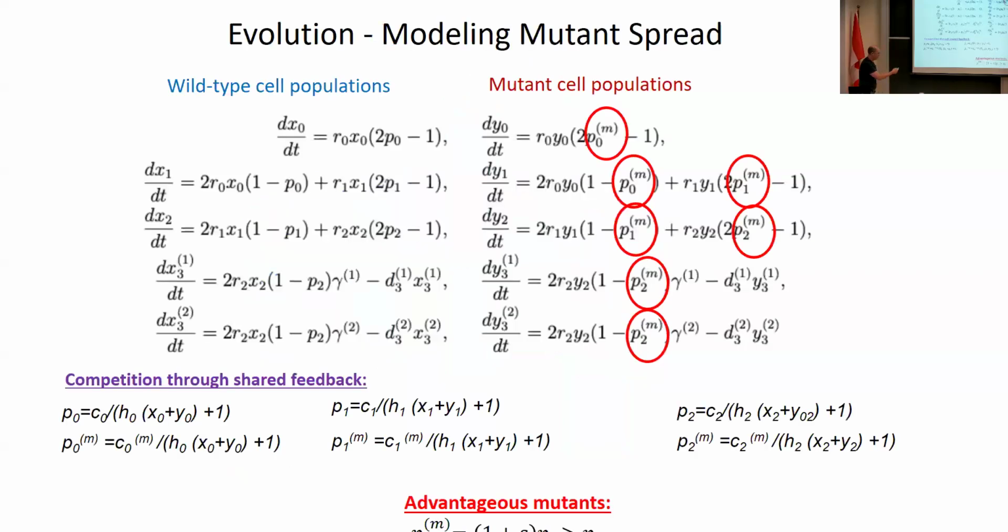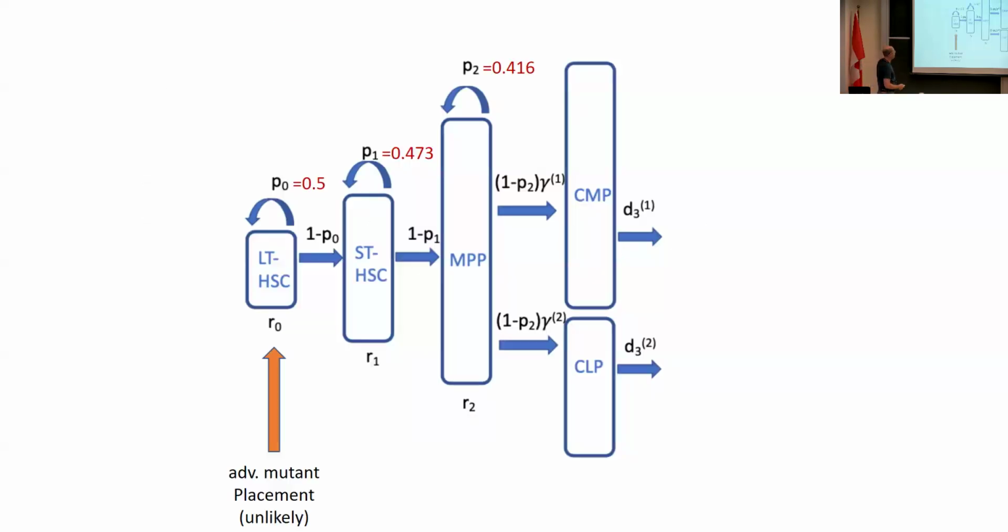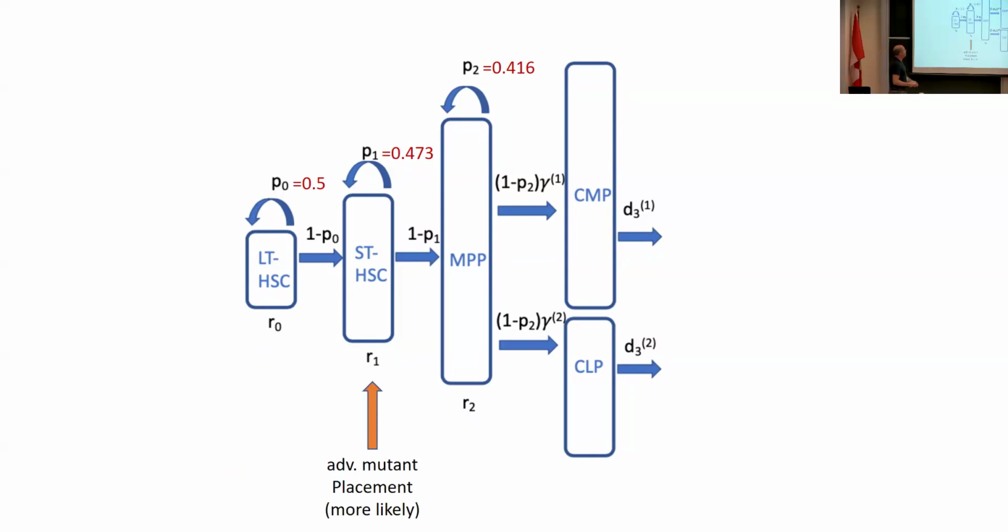Okay, advantageous mutants. We're interested in when advantageous mutants can rise. So we can place the mutants in different compartments here. We can place them into the long-term stem cells. It's very unlikely for mutants to get generated in the long-term stem cell compartment, because we know they replicate very slowly. We can place them in the short-term stem cell compartment.